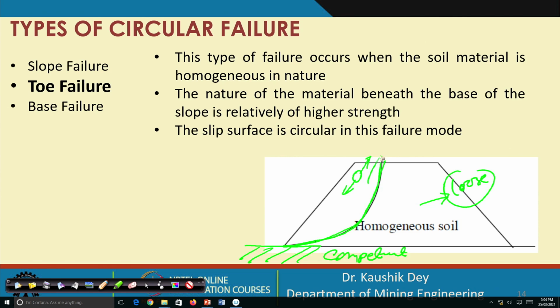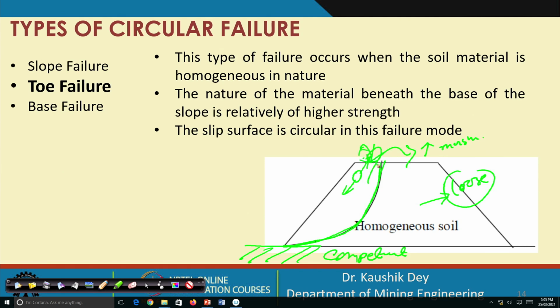So, this often occurs with an increase in weight because of the moisture content or saturation. That is why in loose soil, in the rainy season, this type of failure occurs. Sometimes this also occurs because of some high pressure acting at this place, say some shovels are working in this place.